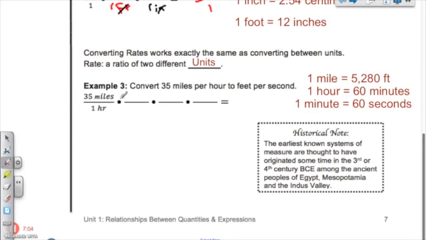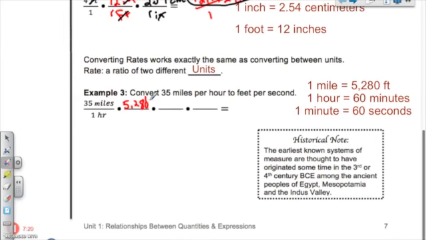Okay? So let's first set up the problem. I'm going to deal with my miles first just to get it out of the way and change that into feet. So because miles is in my numerator, I want to have feet. So 5,280 feet. I'm going to make that look a little prettier for you. Okay? And that is equal to 1 mile. Now I'm going to deal with the minutes and seconds. I've got hours.